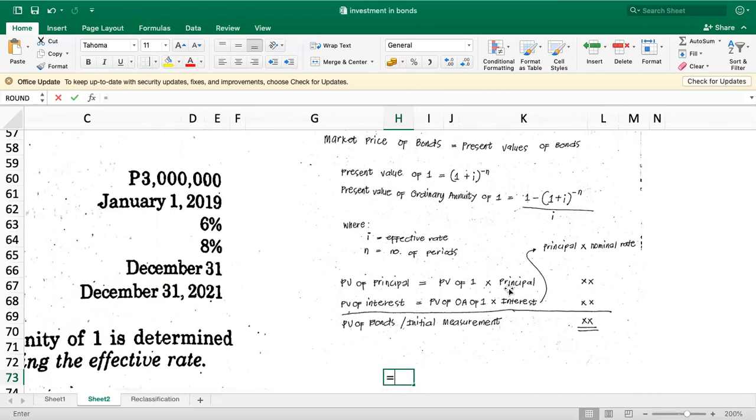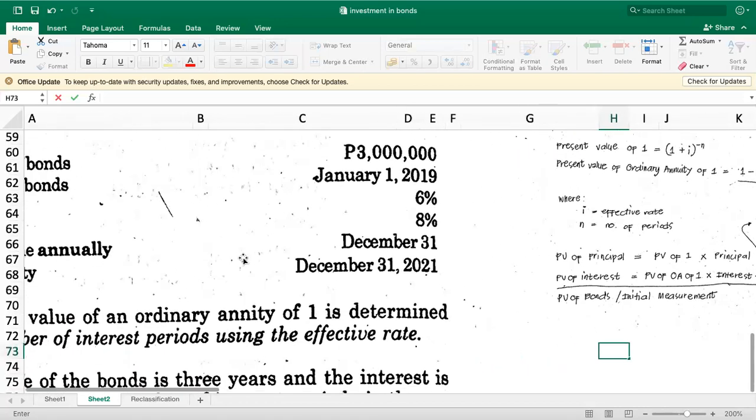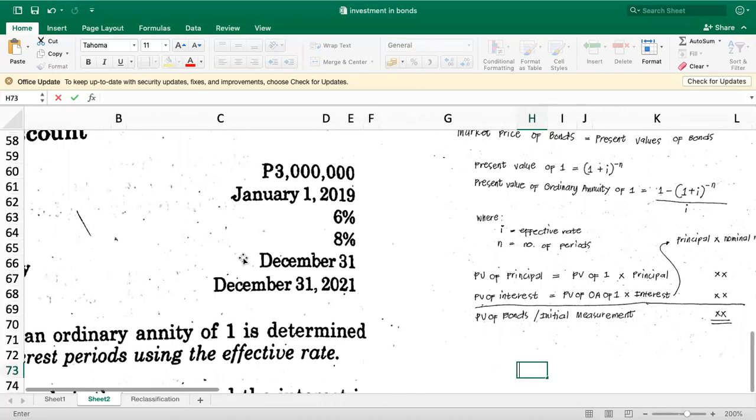Paano ba dito yun sa Excel? Di ako marunong dito sa Excel. So let's just say 1 plus I. I'll just use my calculator here. So that's 1 plus, yung I natin is 8%, tapos naka-annual payments niya, so 8% din yung gagamitin natin. Raised to ilang periods? You have 3 periods.